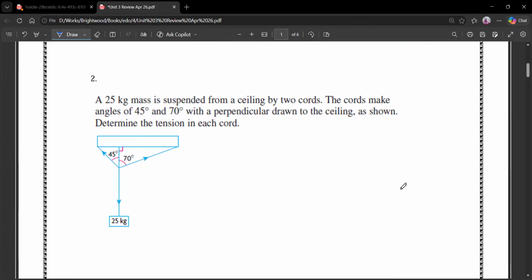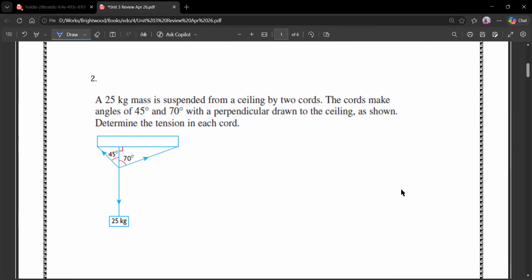Now they're asking what the tensions are. For these kinds of questions, you have to break all the vectors into two perpendicular directions.